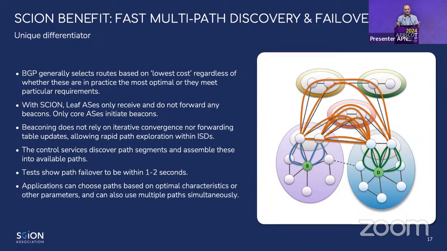You can make that selection very fast. But the important thing is that applications, particularly SCION-aware applications, can choose paths based on optimal characteristics. At the moment, that's often geographical information, but you can also put other parameters into that system as well. But the other important thing is you can use multiple paths simultaneously as well.